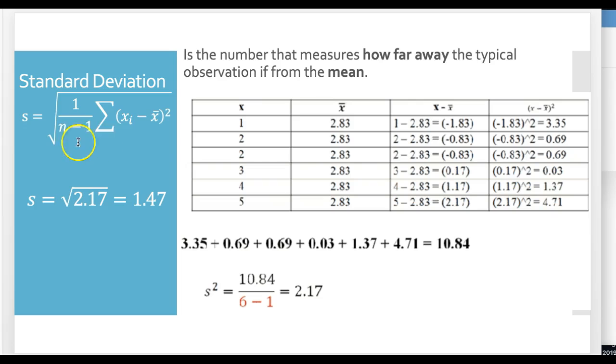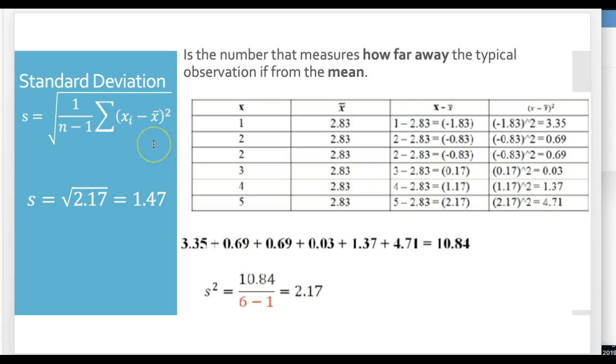And so what I try to point out is this is really just an average. And what is it an average of? Well, inside the radical, we're taking all these distances from the mean, and then we're squaring them, and then we're taking the average of those. So what we're doing is taking the average squared distance of our observations from the average.